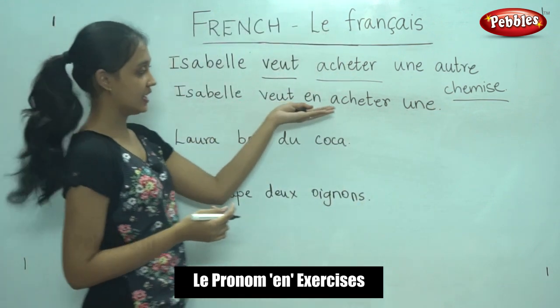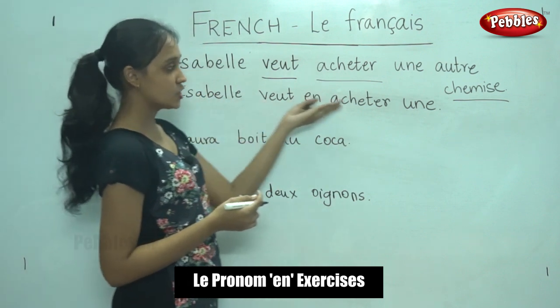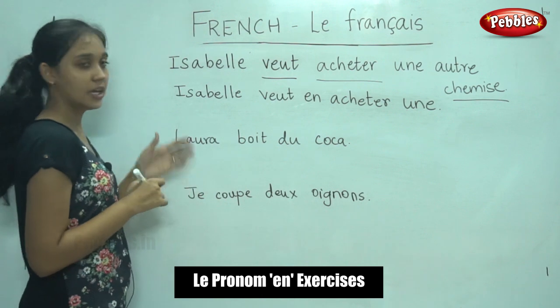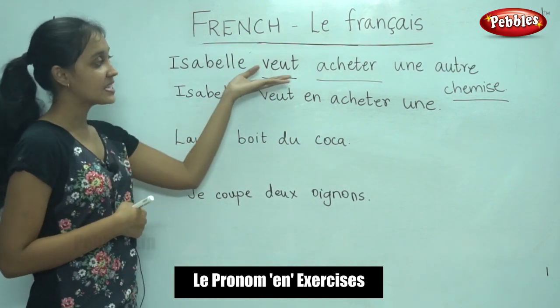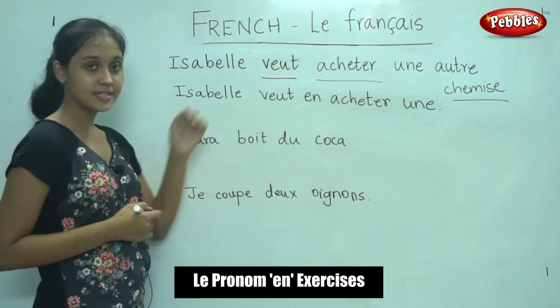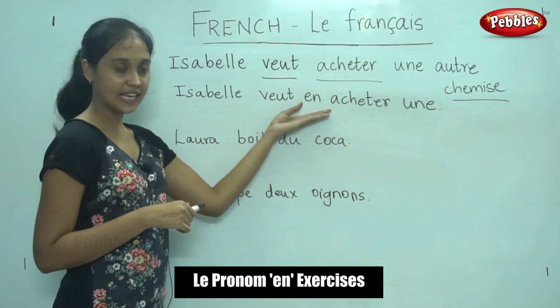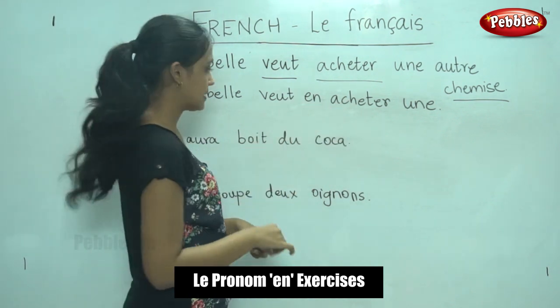Isabelle veut en acheter une. Isabelle wants to buy one of it. So the slight change in this sentence is that since there are 2 verbs, we might be wondering where to insert en. So we write it in between the 2 verbs.